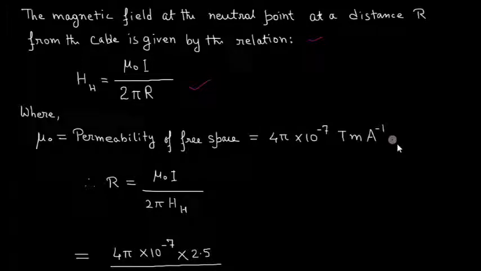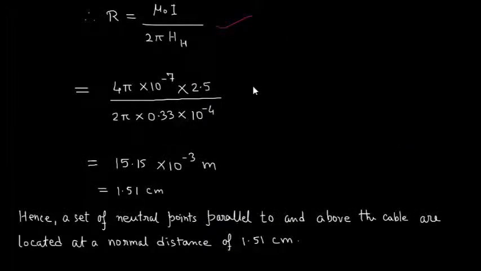Its value is 4 pi multiplied by 10 to the power minus 7 T m A inverse. r is equal to mu naught I upon 2 pi H. Putting the values of mu naught, I, pi and H, we get 4 pi multiplied by 10 to the power minus 7 multiplied by 2.5 upon 2 pi multiplied by 0.33 multiplied by 10 to the power minus 4, which is equal to 15.15 multiplied by 10 to the power minus 3 meter, which is equal to 1.51 centimeter.